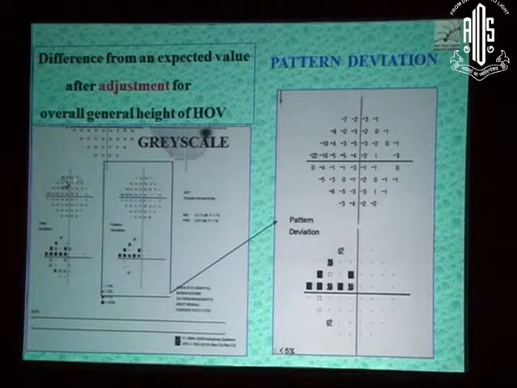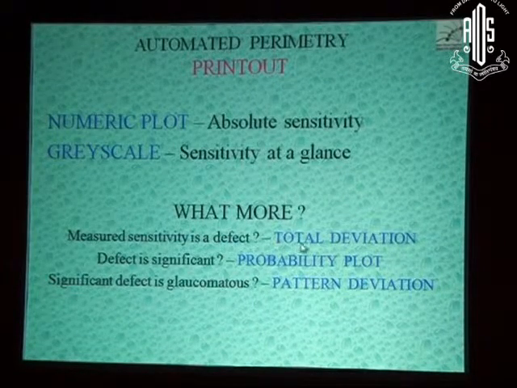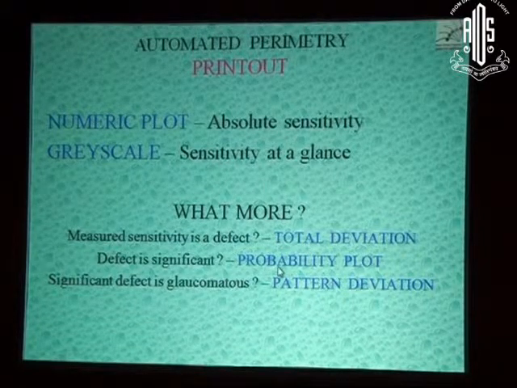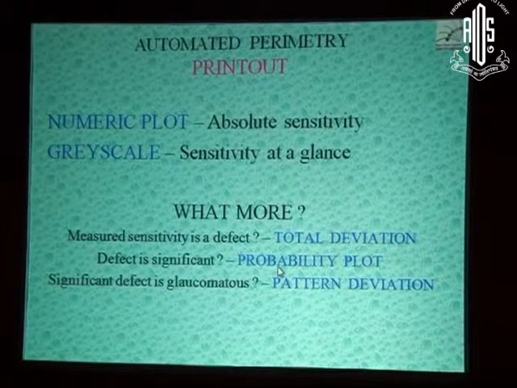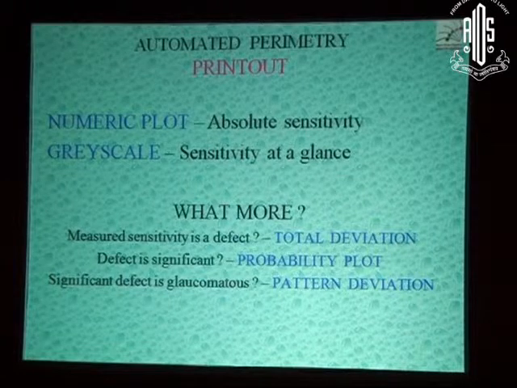So in the total deviation plot, you will see whether there is any defect. In the pattern deviation plot, you will see whether there is any localized defect. The measured sensitivity defect you get with the total deviation, the significance of the defect you get in the probability plot, and whether the defect is glaucomatous or localized you get in the pattern deviation probability plot.